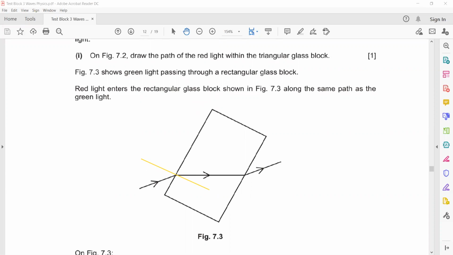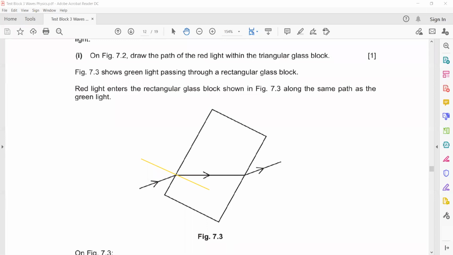Drawing a normal is not having a mark here, but for your reference, it's better you draw a normal. Even when you check the marking scheme, you will find that drawing a normal is not having a mark. Only the path is important.